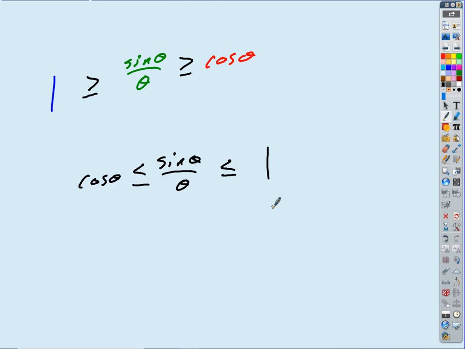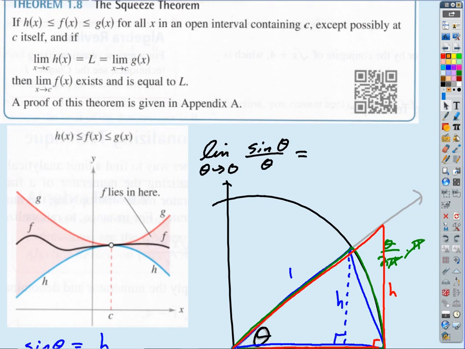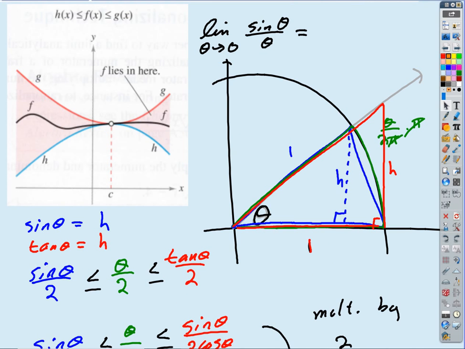So what happens now if we take the limits? If I call this f of x, and this is h of x, and that's g of x. I guess I got it backwards, g should have been the top one, but you get the idea. If I take the limit of all those as x approaches 0, let's see what happens.